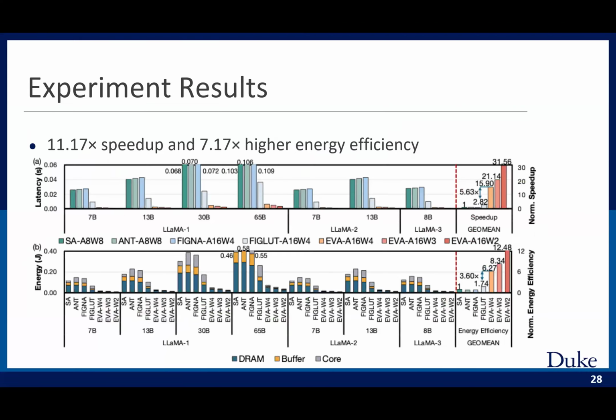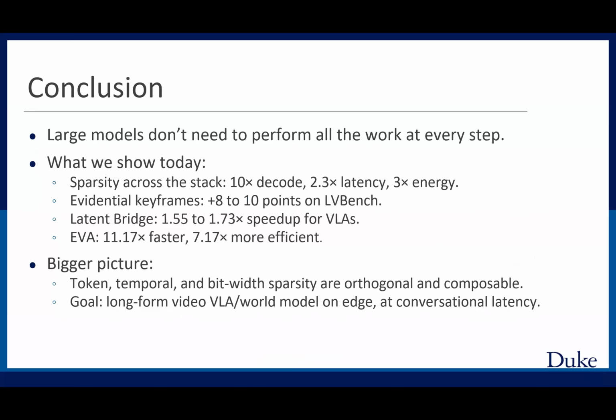I do not have time, but essentially, as you can see, we are able to achieve an 11 times speedup and 7 times higher energy efficiency in comparison to state-of-the-art architecture solutions. My main point here is that architecture and hardware solutions need to be co-optimized with existing algorithm solutions. So let me quickly conclude.